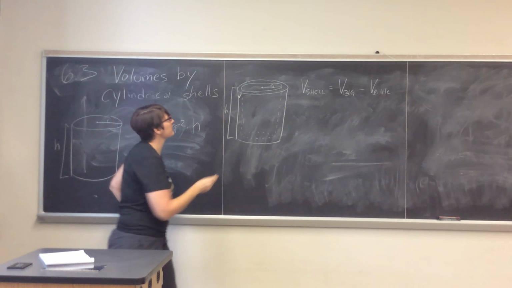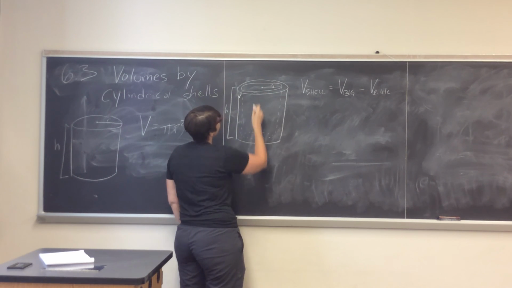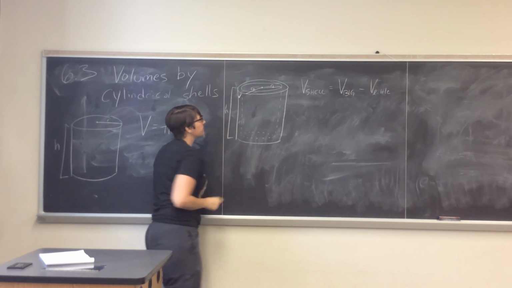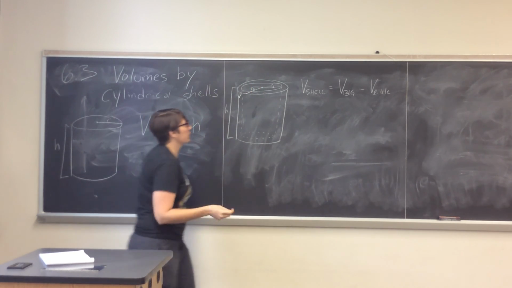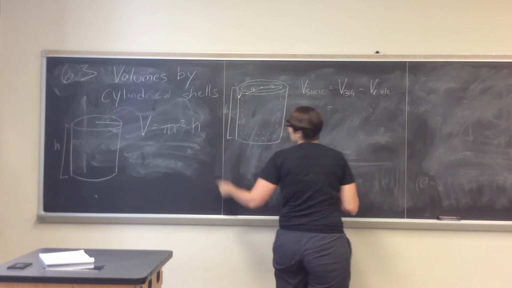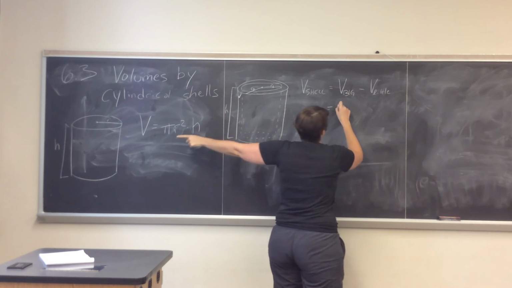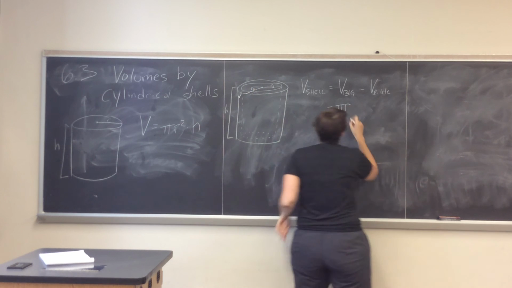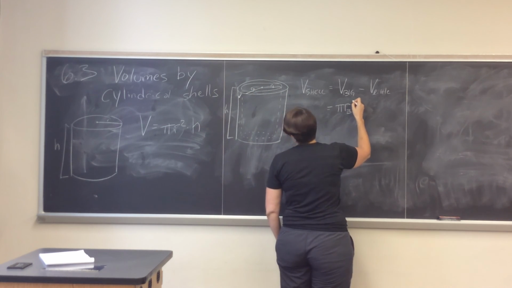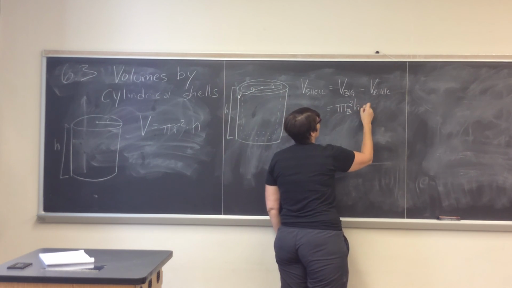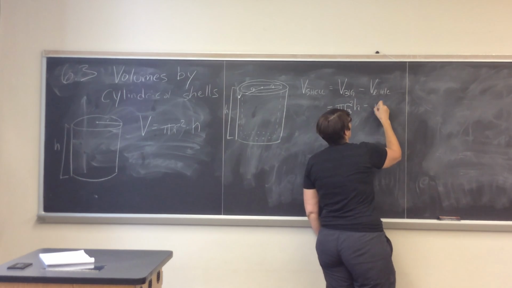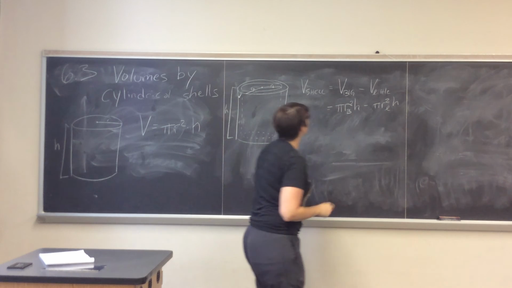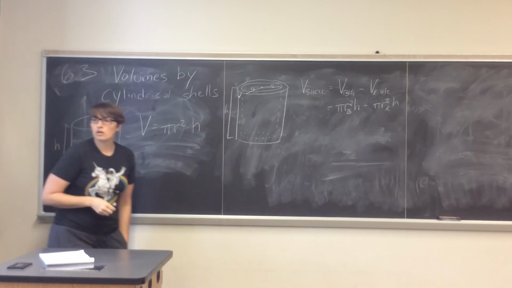And then we'll have the radius of the big cylinder, which I'm going to call r sub B. So the volume of the big cylinder is pi r sub B squared times h, minus pi r sub L squared times h. Does the little cylinder have the same height?